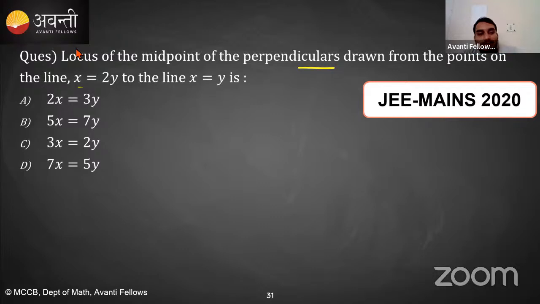The question is clear, right? Is there any doubt in the question? The question is pretty much clear from the given statement. I don't think I need to explain anything else in this question. Has anybody got the answer? The question is very easy.